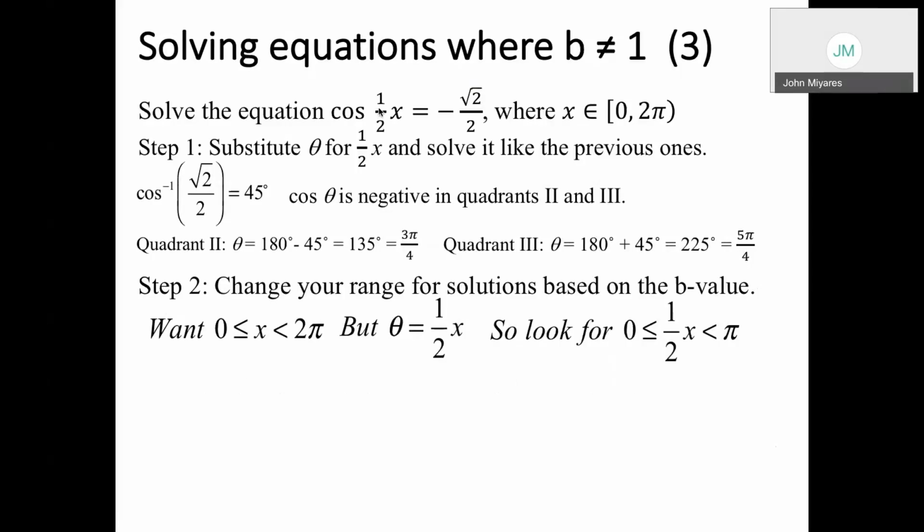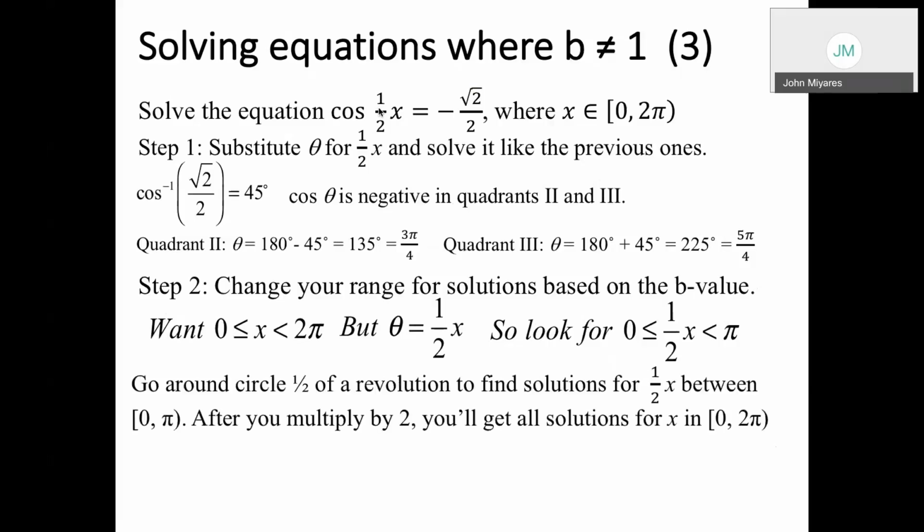Now, if you're not comfortable with this, let's walk it through. We want to only go around the circle half a revolution, because after we multiply by 2, we're going to end up with solutions between 0 and 2 pi.